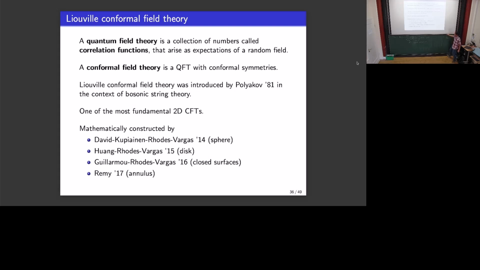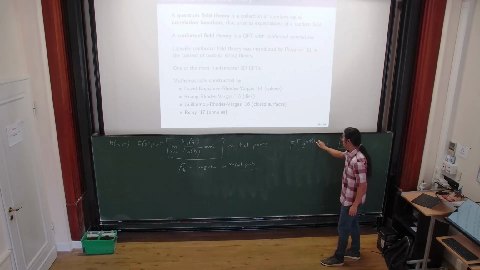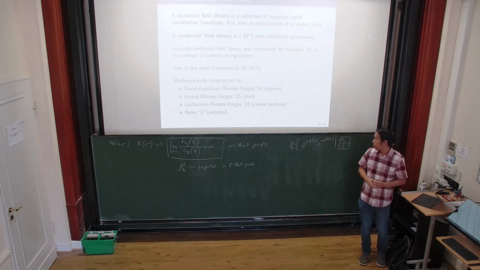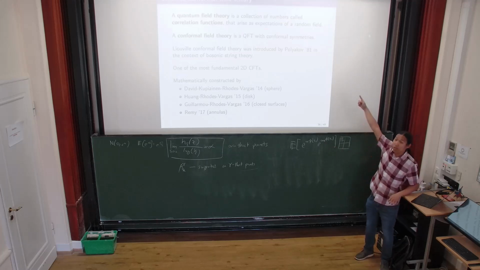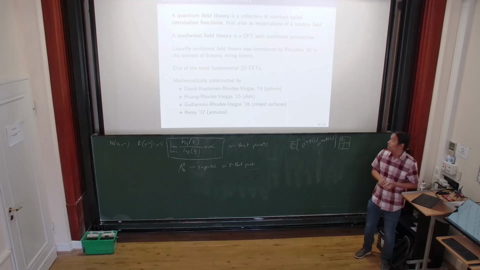So, you're thinking of something like the expected value of something along these lines, say, where phi is some concrete random field you can define. Yeah, this sentence is a bit contentious. There are physicists who will tell you this is not really the case, but let's take this as a working definition. A conformal field theory is a quantum field theory which has conformal symmetries.